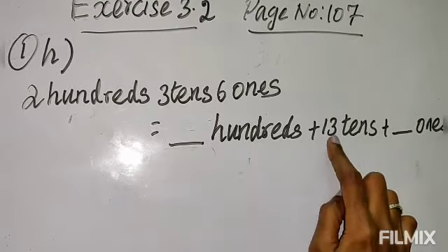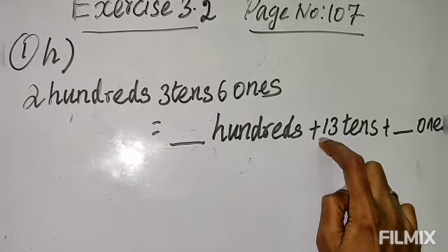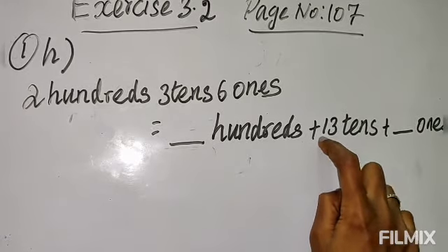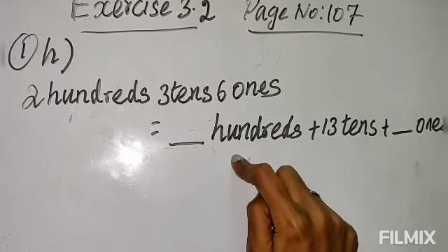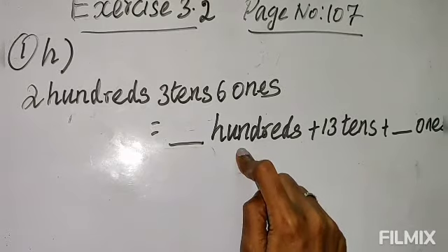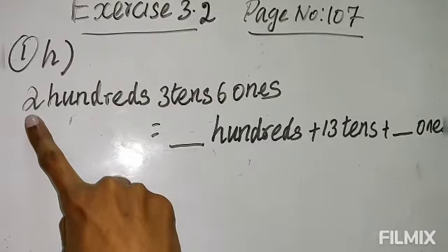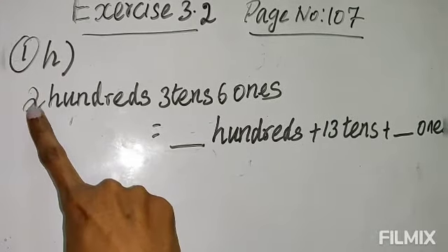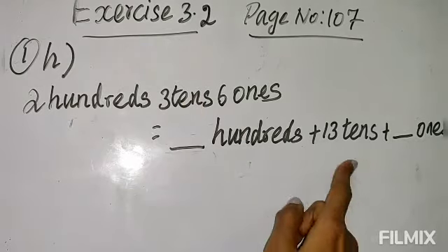Look at the tens place, 1 is there. This 1 is borrowed from the left side, that is from the hundreds. In hundreds there are 2 hundreds, and from here we have borrowed 1, that's why this 3 tens becomes 13 tens.